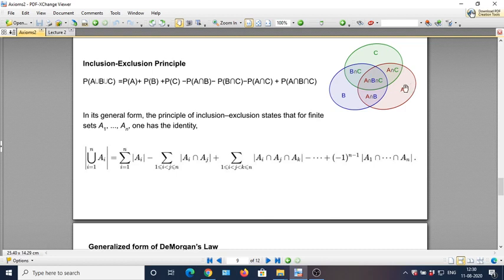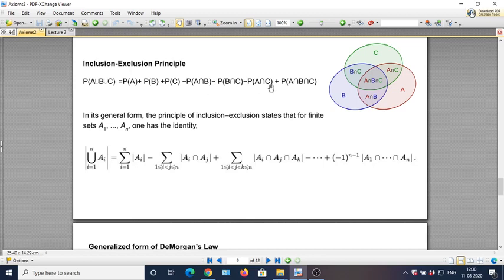Then in each of these, we are adding these intersections, A intersection B and so on, twice. In order to remove the over-adding of these intersections taken 2 at a time, we subtract these.